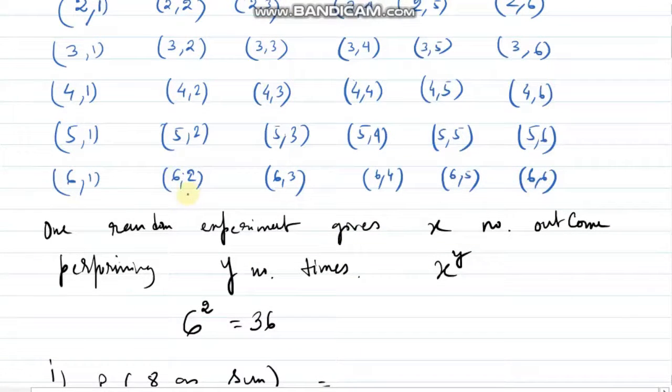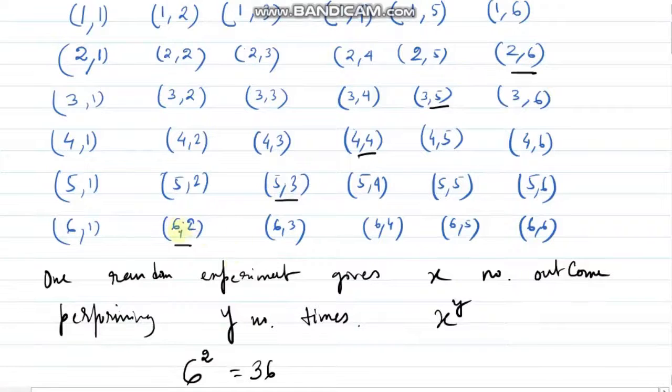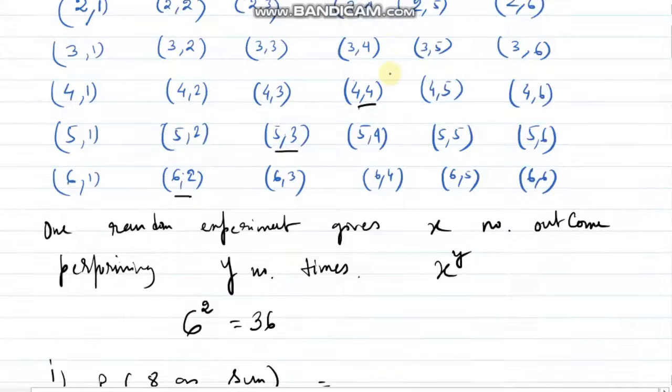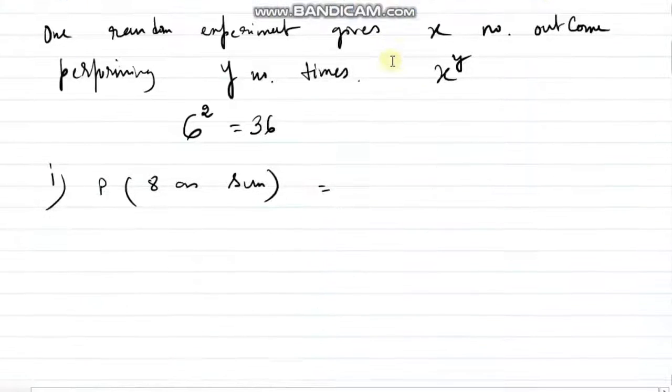Just check this line, 1, 2, 3, 4, 5. Nowhere do you get 8 as sum. So they are standing in a line like this, right? So even if you don't write this many outcomes, you can still get 8. Just check how. Suppose in one die, what's the maximum outcome you can get? That is 6. So to get 8, the other die's outcome has to be 2, right?